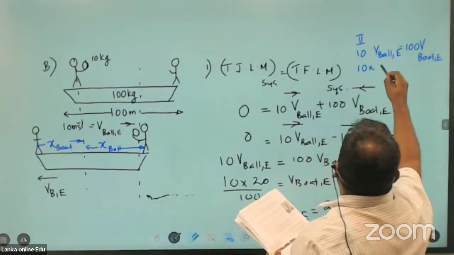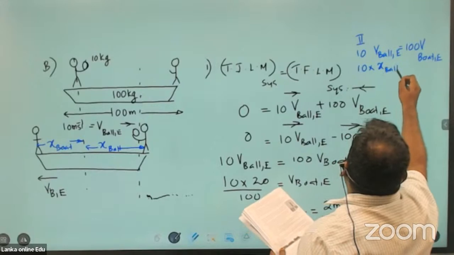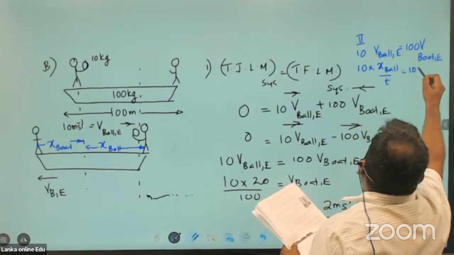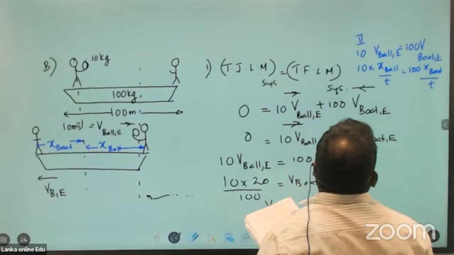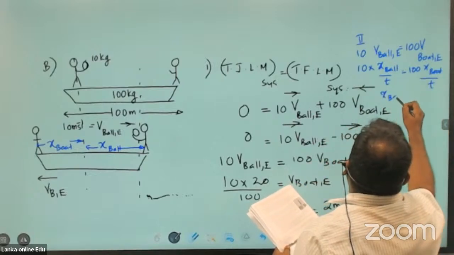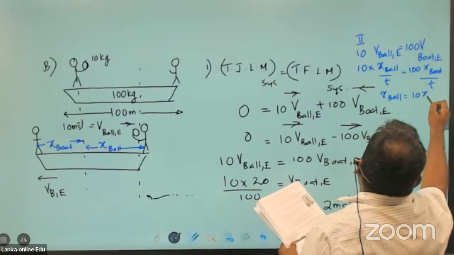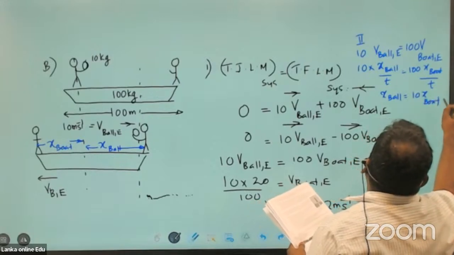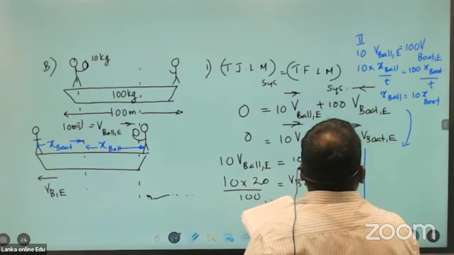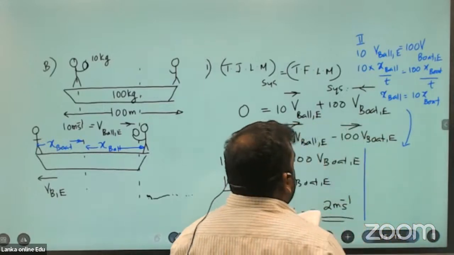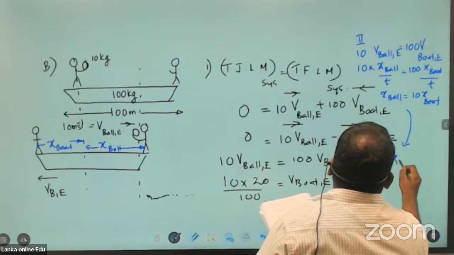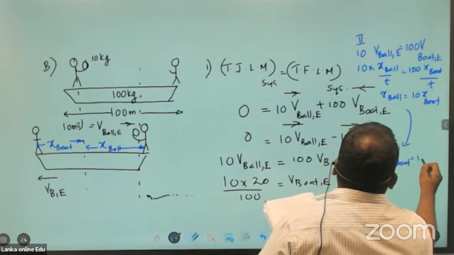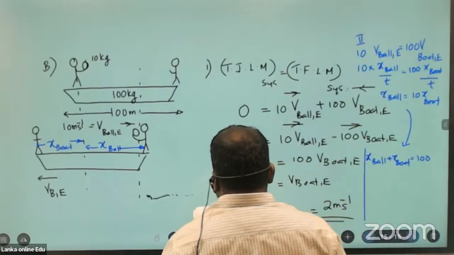Displacement of ball, same time. Displacement of boat, same time. Displacement of ball is 10 times the displacement of the boat. Solve this carefully. Displacement of ball plus displacement of boat is 100 meters. What are they wanting?